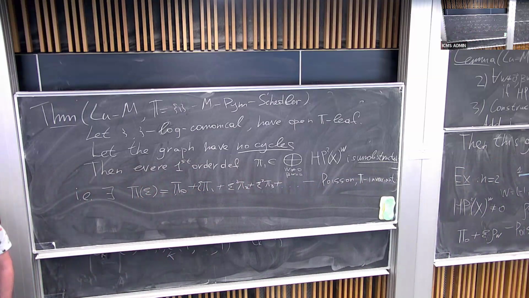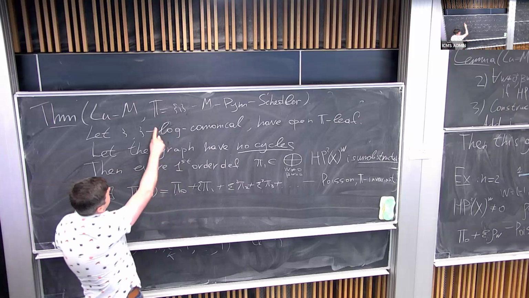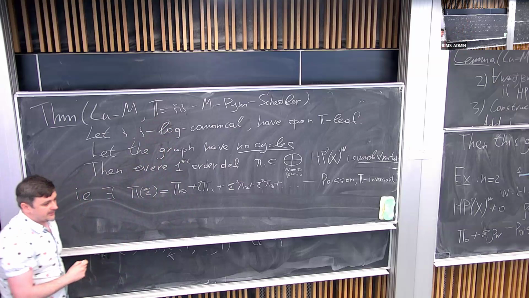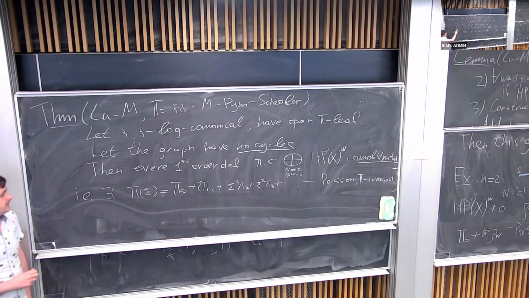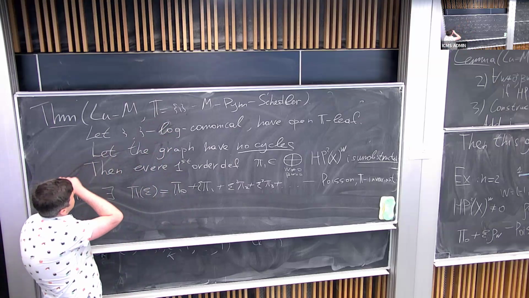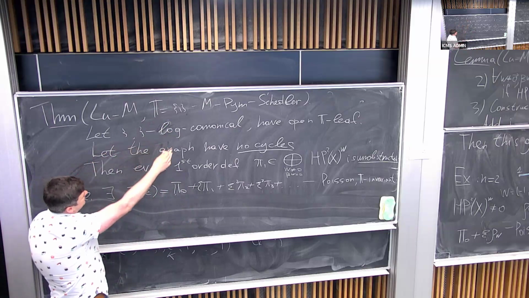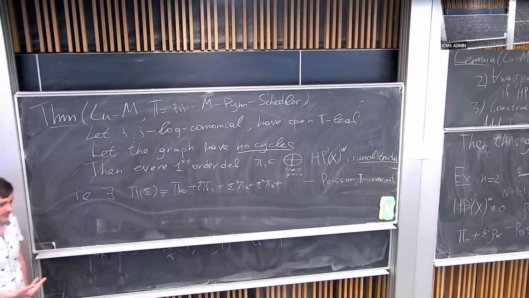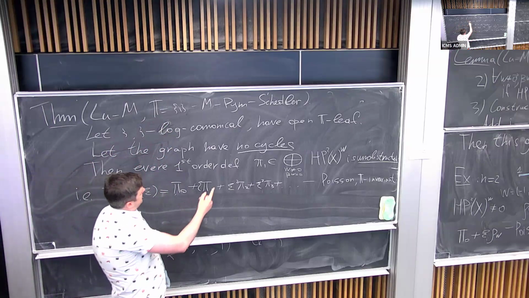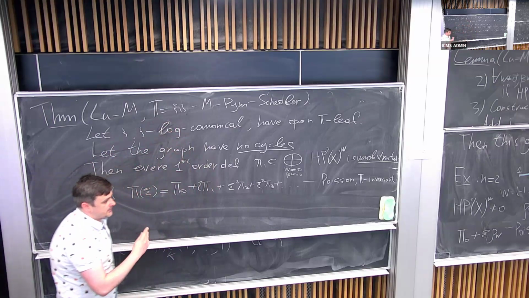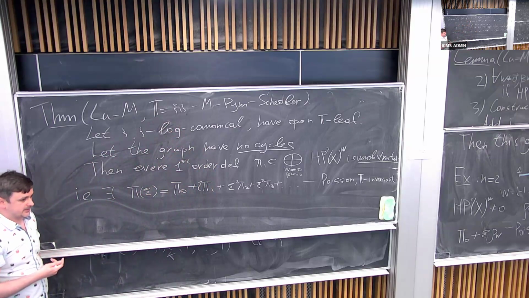And in the case of cycles, is this false or just not proved? In the case of cycles, for the case when the torus is trivial, we have a proof. When the torus is non-trivial, we suspect it's true, but we don't have a proof. The proof in the case of cycles for trivial torus is actually much more complicated than the case without cycles.